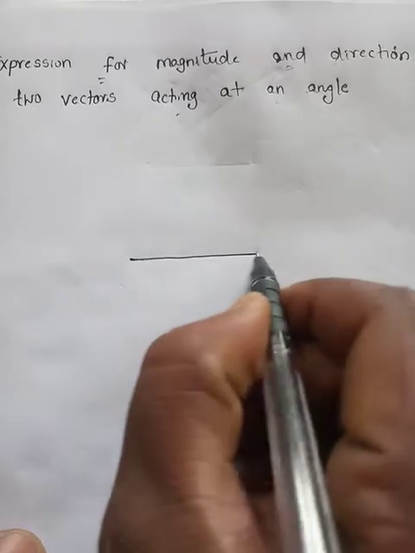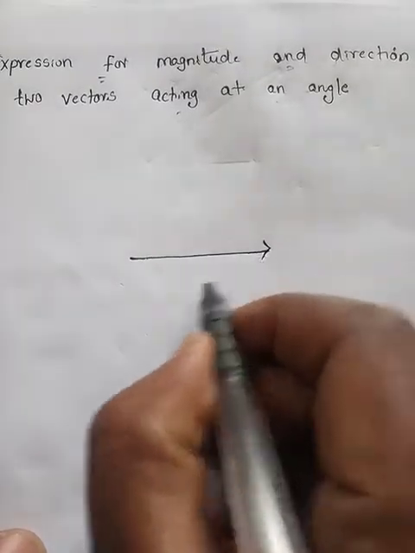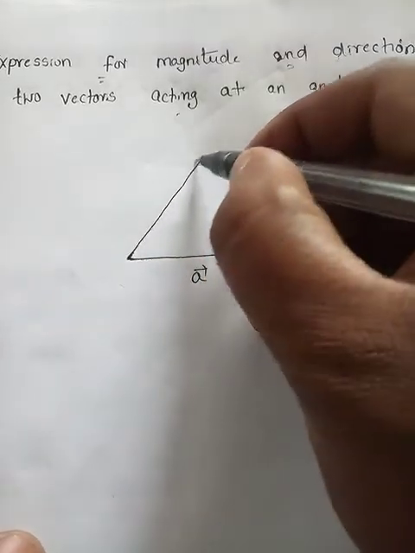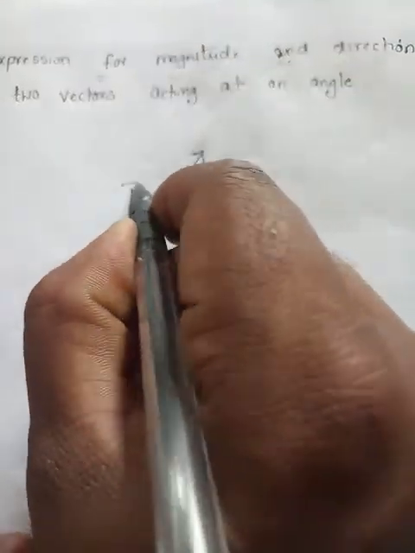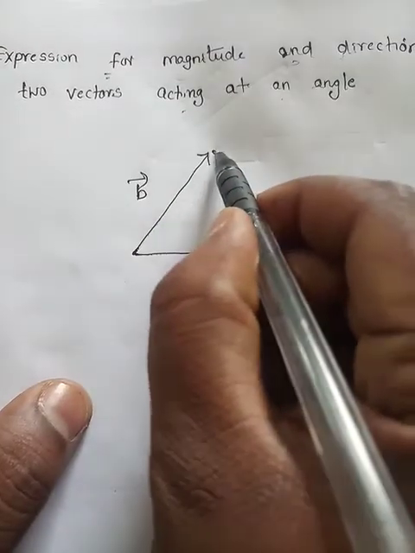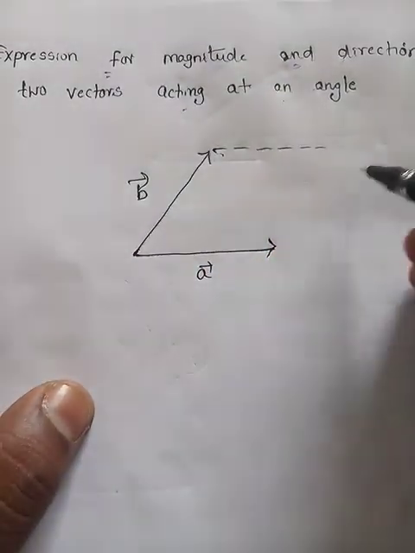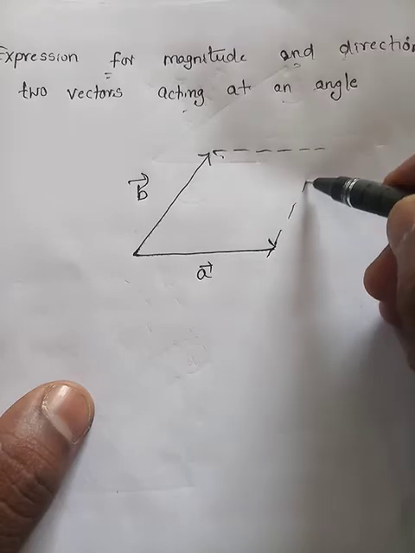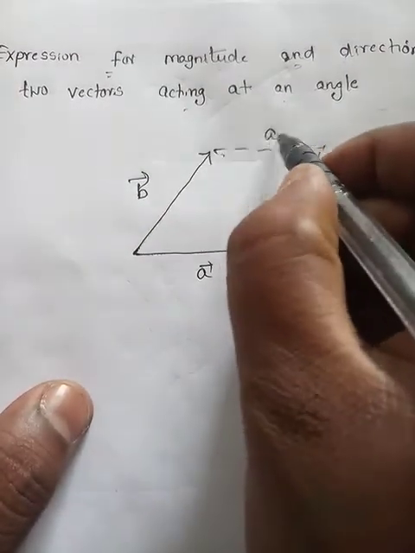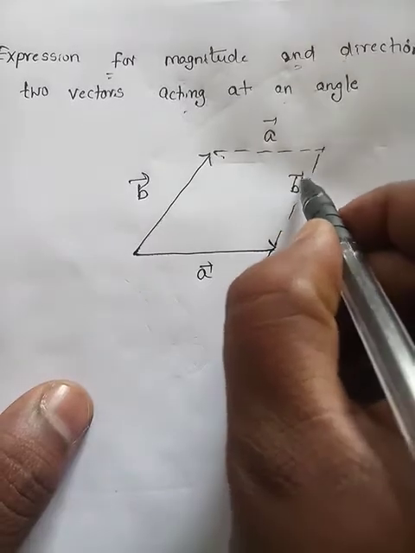I am taking two vectors, A bar and B bar. These two represent two sides of a parallelogram. As we know, in a parallelogram the opposite sides are similar. So, this is A bar and this is B bar.